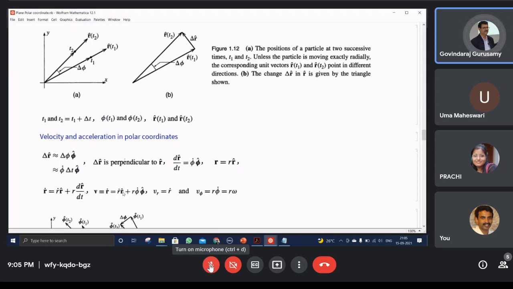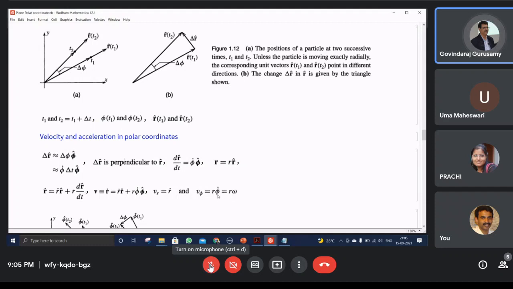There's another component which enters because of treating the unit vectors as a function of time. That's what it boils down to now. Finally, you have a velocity component in which you can see that this r dot is dr and v phi is r phi dot, which is r omega.